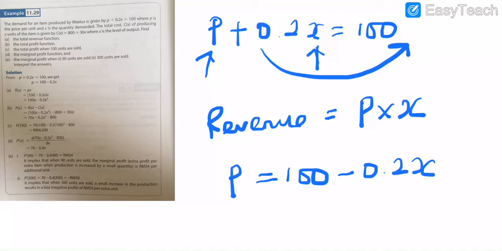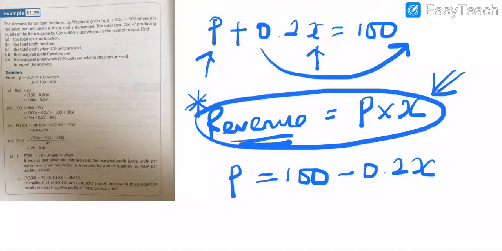Then revenue is price times quantity. This formula is fixed, whereby revenue must be price times quantity. Don't ask me why, you have to remember this. So revenue is P times x.